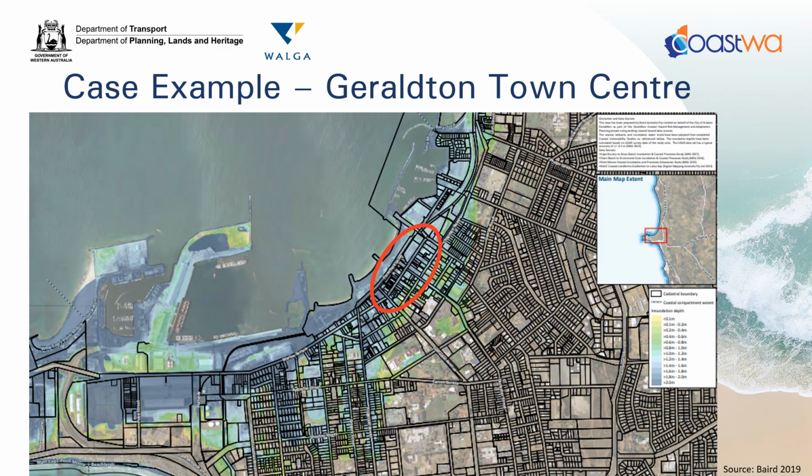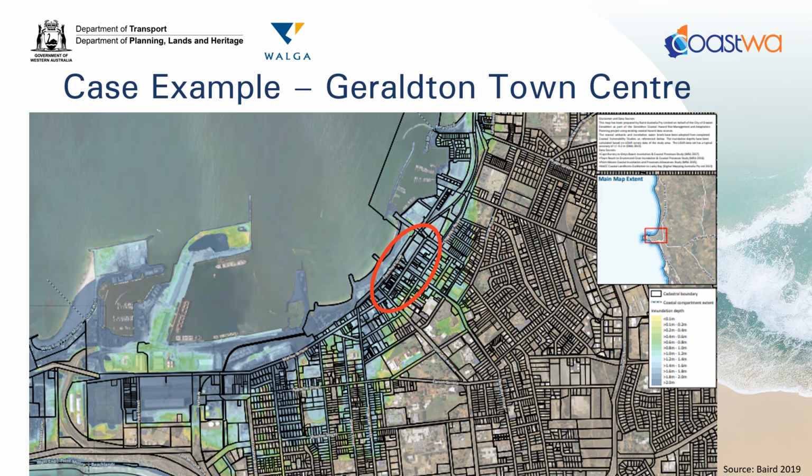So I just wanted to run through a couple of case examples now. This example is from the Geraldton Town Centre. This is work that was completed by Baird. What we have here is a coastal inundation plot of the Geraldton foreshore and CBD area. I've circled an area in red, which shows a commercial development precinct along the foreshore of Geraldton.